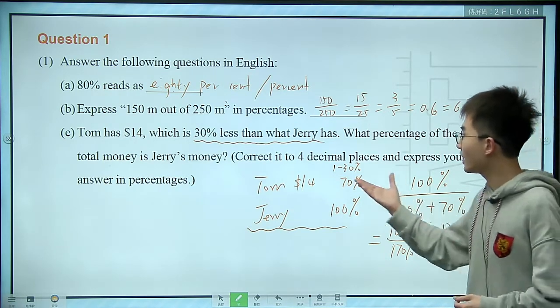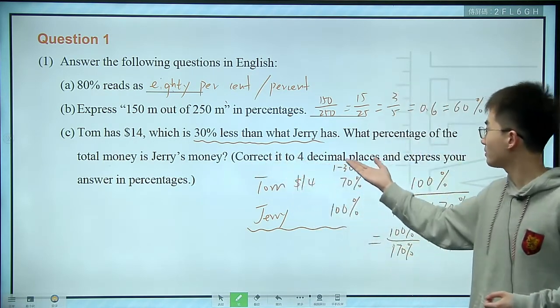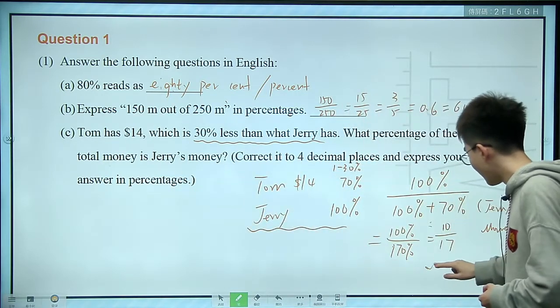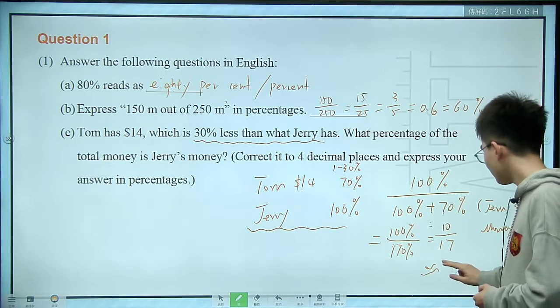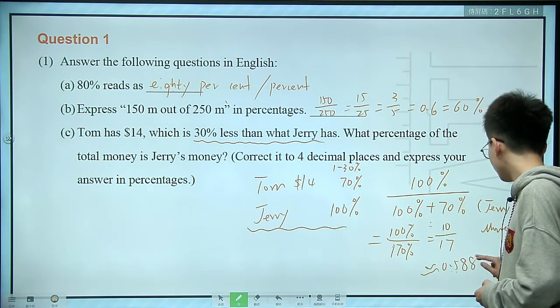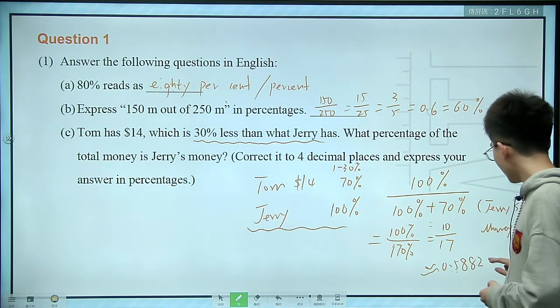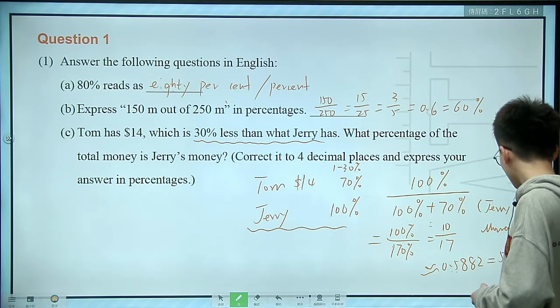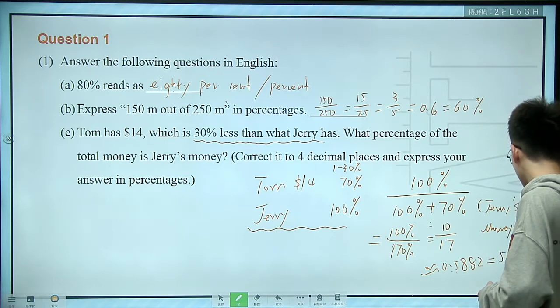Because this question tells you to correct it to 4 decimal places and express your answer in percentages, we will use rounding off. It will equal 0.5882. And you convert it to percentages, it will be 58.82%.